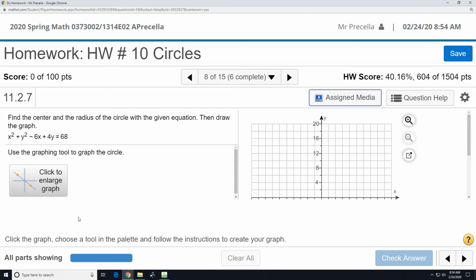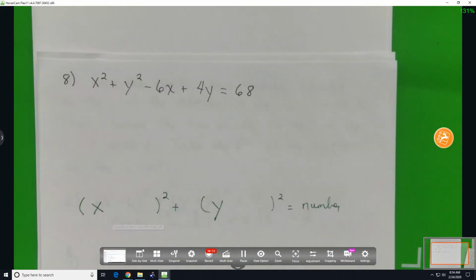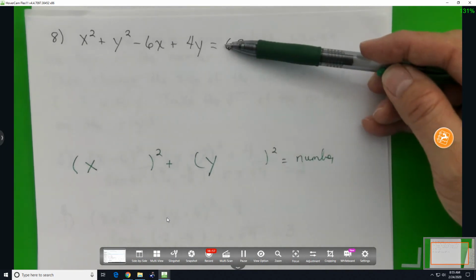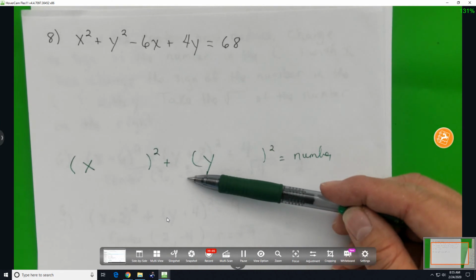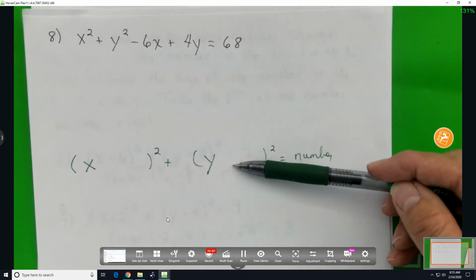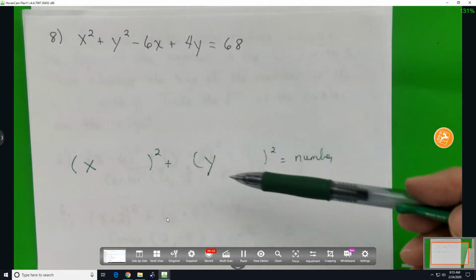On number 8, this is where the assignment gets more involved. We know how to find the center and the radius when it's written with the parentheses. How do we rewrite this like that? So that's what we're going to have to do, rewrite this equation with these parentheses.